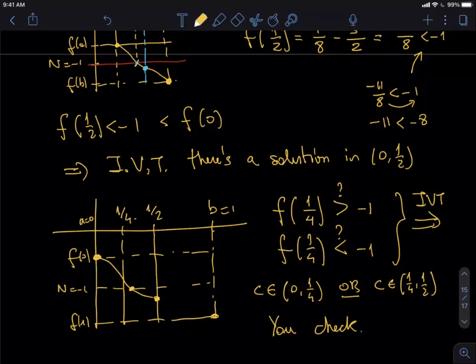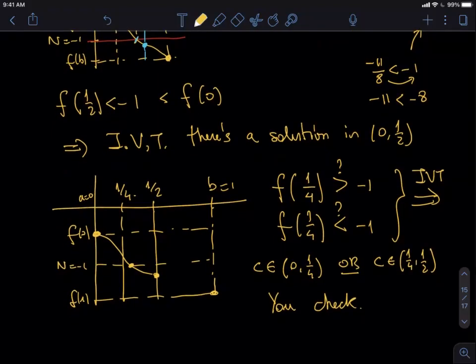If you want to keep splitting the interval again and again, you will always have that f at that new value is either larger than -1 or smaller. And you keep going, and the approximation for your number c will become better and better. If you do this, I don't know, 20 times, you will get the approximation to the solution with several correct decimal digits.